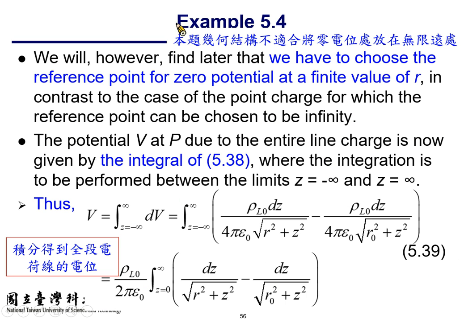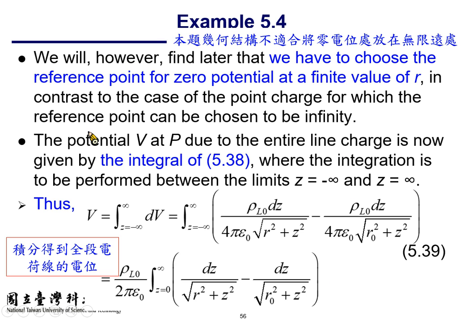Then this slide tells you that it's not appropriate to place the voltage reference point at infinity, because we end up with a natural log expression, which we will have some problem with.